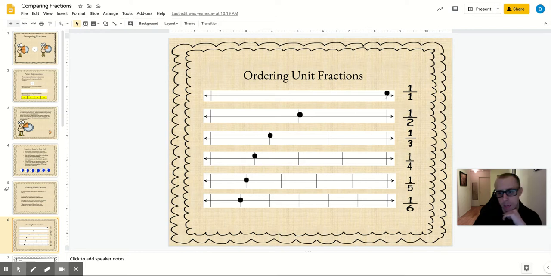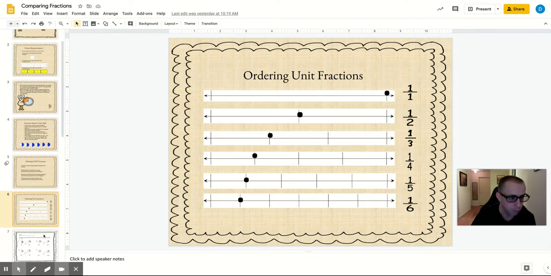As you can see, 1 out of 1, 1 whole, is equal to 1 whole. 1 out of 2, 1/2. We see that the denominator increases to 2, and it gets smaller. 1/3 is even smaller. 1/4 is even smaller. 1/5 and 1/6, and this would keep going. 1/7, 1/8, 1/9, 1/10. It would just keep getting smaller and smaller as the denominator increases. So it's the same rule as fractions of the same numerator.